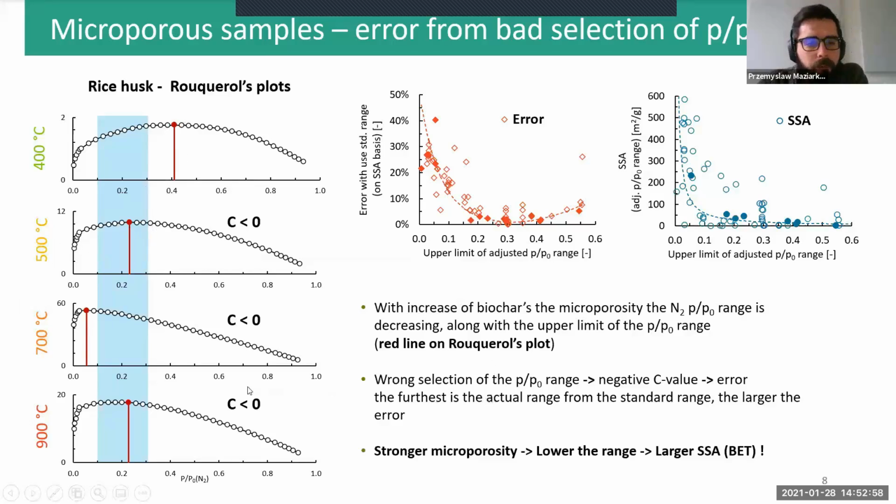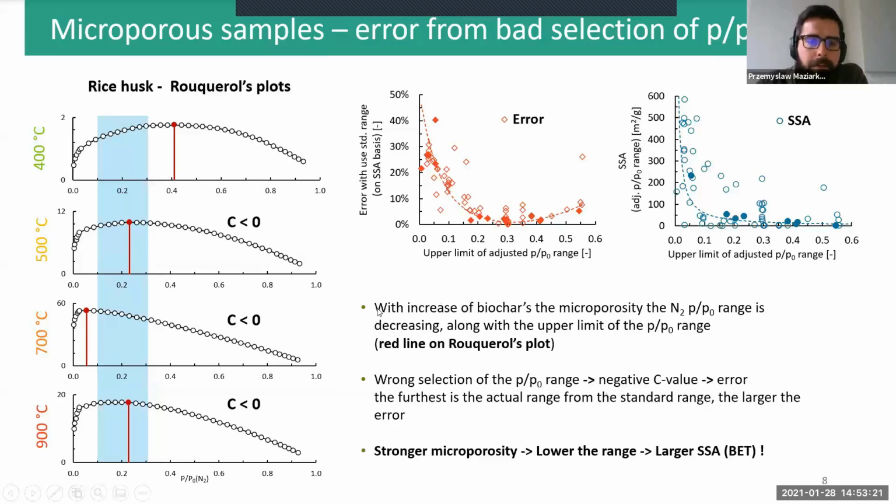So if we do not adjust the P/P0 range, in case our biochar has strong microporosity, we introduce error to the calculation. Not only do we obtain this negative C value, but the value of the specific surface area also contains error.